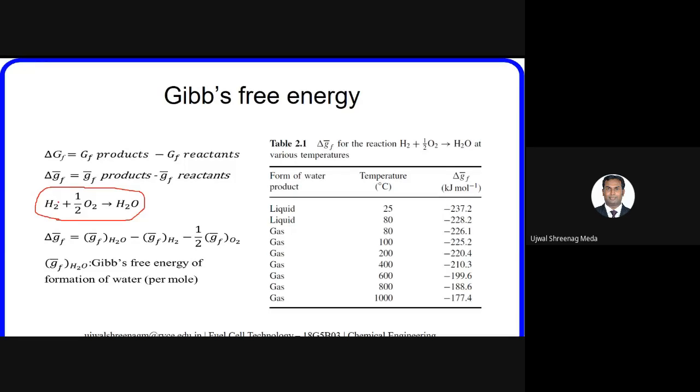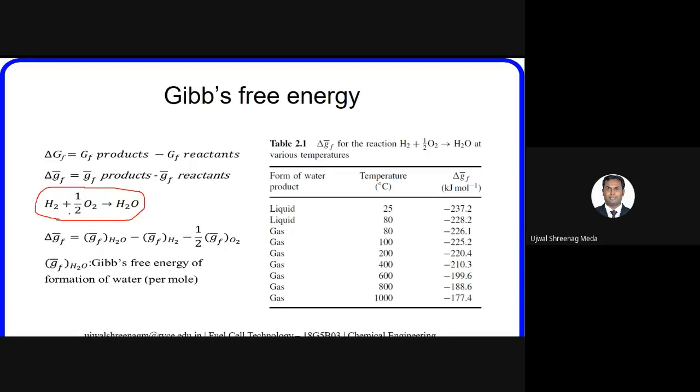In such a reaction, we have both elements as well as compound. So which are the elements? The reactants, hydrogen and oxygen, are elements which have no Gibbs free energy of formation. And when it comes to water, which is a compound, there is Gibbs free energy of formation for that. And it is always the change in Gibbs free energy of formation, that is delta G_f.